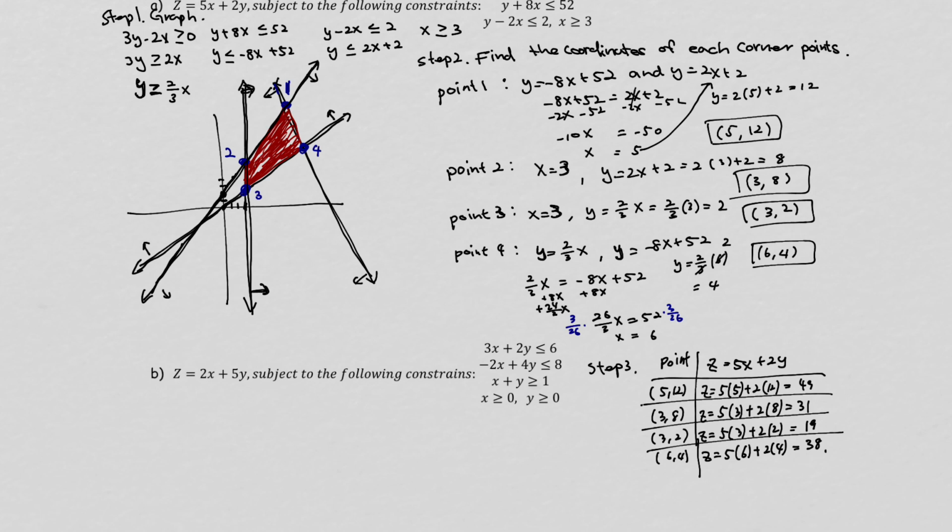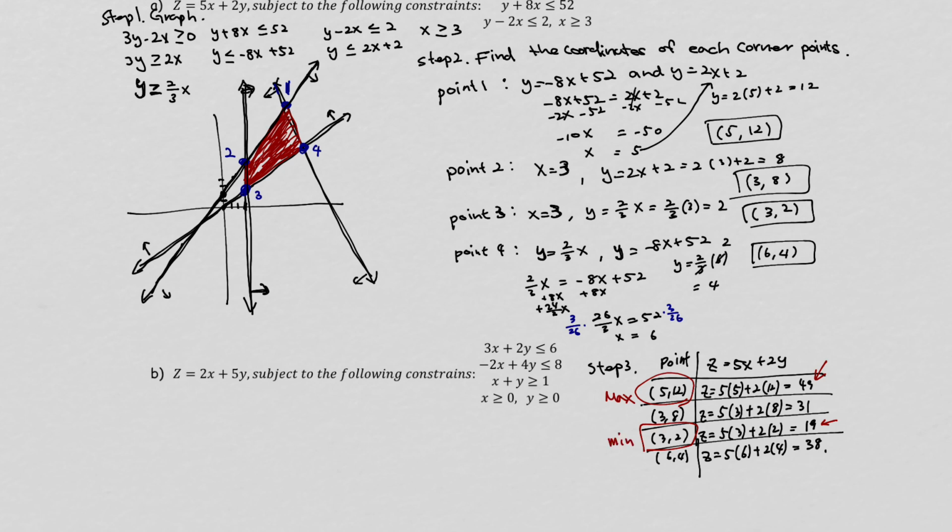So the one with the highest value, this is the highest value. So this point right here is going to give me the maximum. And the smallest value right here is going to give me my minimum.